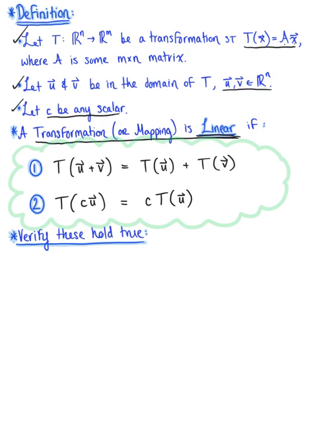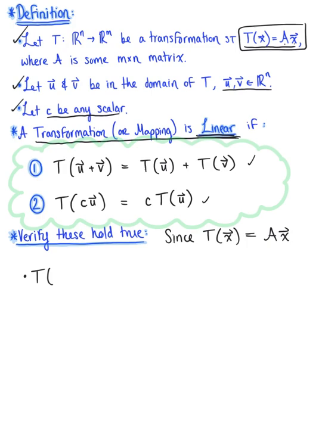Now, we want to keep in mind here that our transformation is being defined by the matrix transformation. So in other words, since the image of vector x under the action of T is computed using that matrix vector multiplication, we'll use this to verify properties 1 and 2. So let's start with property number 1.